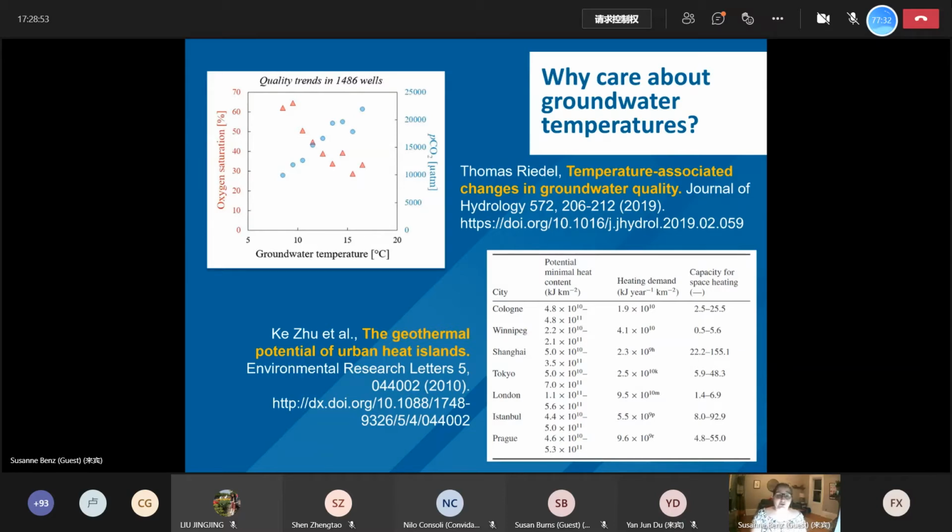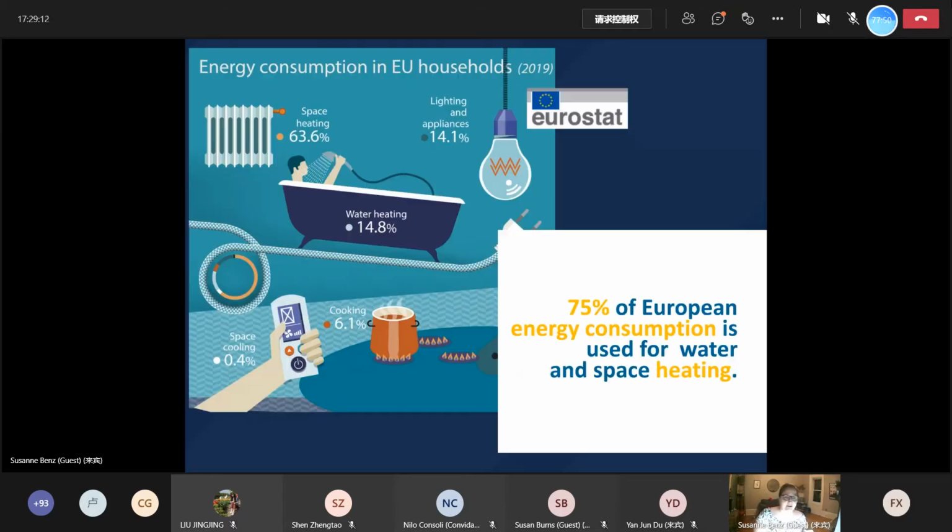However, there's also a positive aspect to warm groundwaters, and this is where we're really getting into groundwater as a resource. Warm groundwater can also be seen as an increased geothermal potential. So I can reuse this warm temperature, and reusing is fairly necessary, because if we look at the energy consumption of EU households, we find that 75% of European household energy consumption, not industrial, is used for water and space heating.